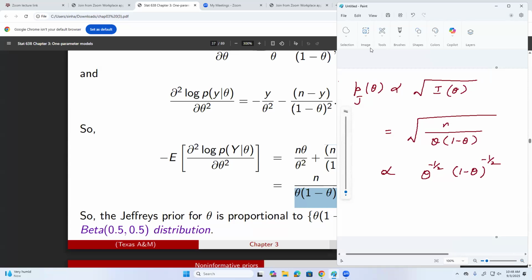Which parameters? I can write theta to the power 0.5 minus 1, right? And 1 minus theta to the power 0.5 minus 1.